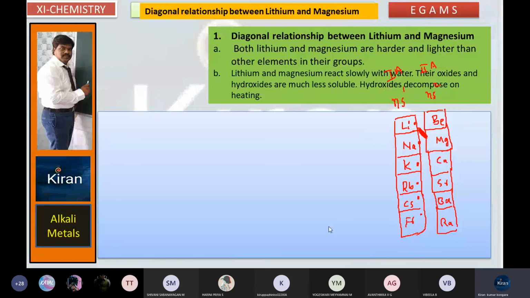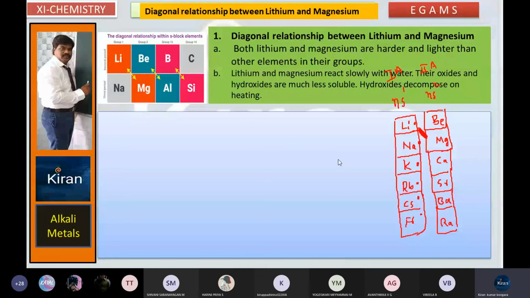Their oxides and hydroxides are much less soluble. Hydroxides decompose on heating, same as magnesium. This is the example for diagonal relationship generally. Lithium has similar characteristic properties to magnesium. In the same way, second A group beryllium is similar to aluminium, and boron is similar to silicon.